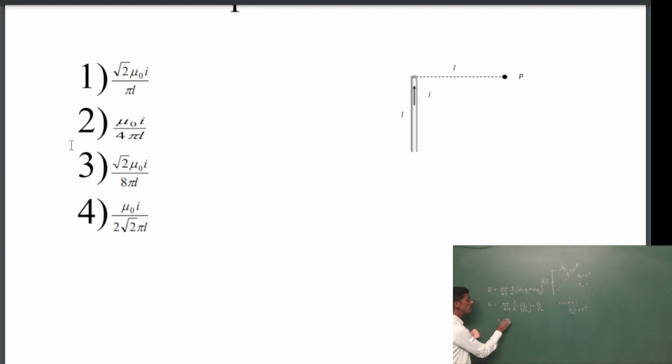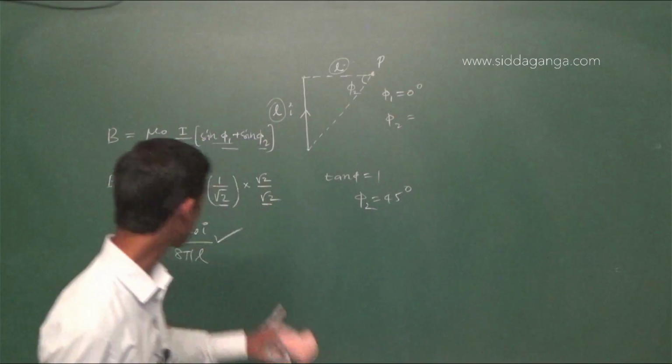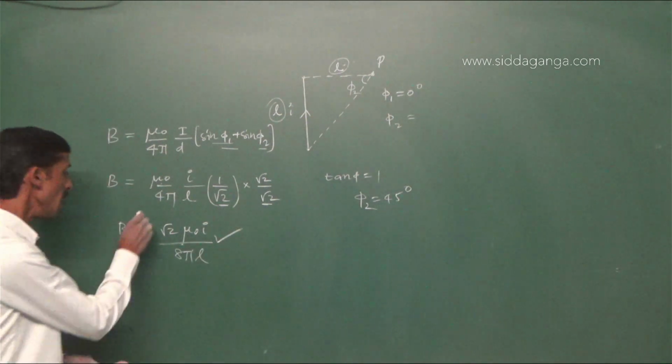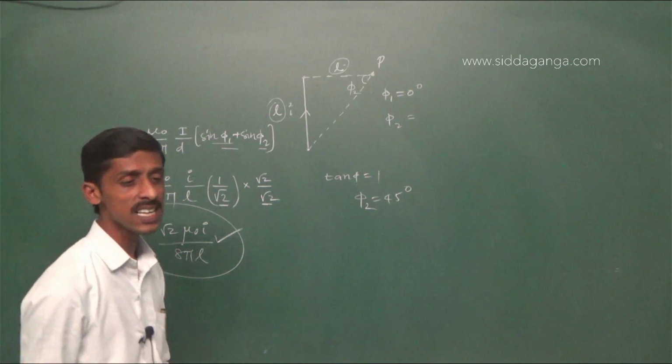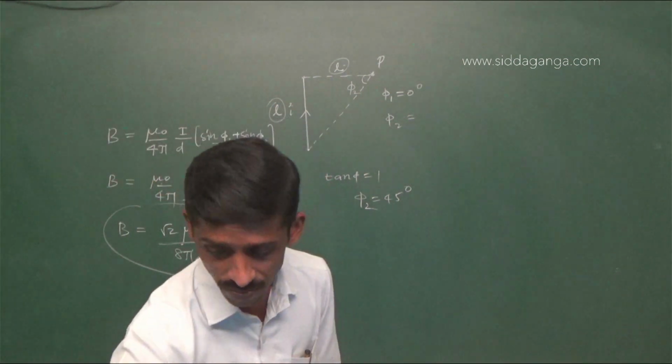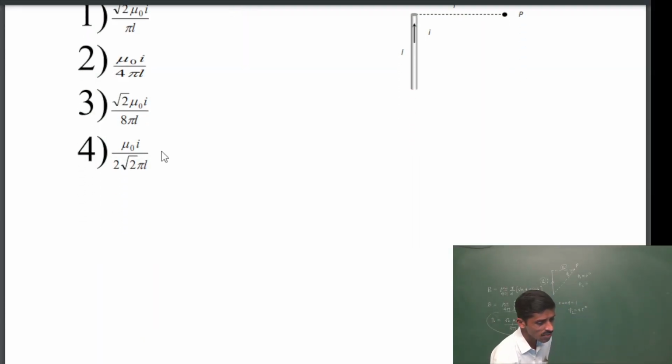Then it will become root 2 mu naught I divided by root 2 into root 2, 2 into 4 is 8 pi L. You may find this answer. Just modifying the answer: root 2 mu naught I by 8 pi L. So that is option 3. In the third option you can find root 2 mu naught I divided by 8 pi L.